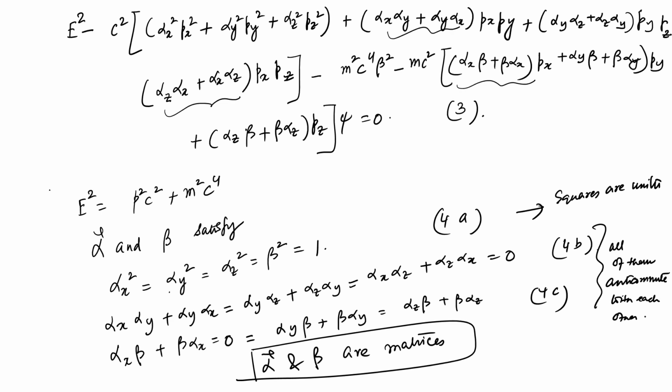If you compare this with the relativistic equation, then we understand that there are certain relations of alpha and beta that emerge, which are written in 4a, 4b and 4c. Because of these relations, we are forced to think of them not as single numbers but as matrices. We are yet to ascertain the rank or the shape of these matrices.